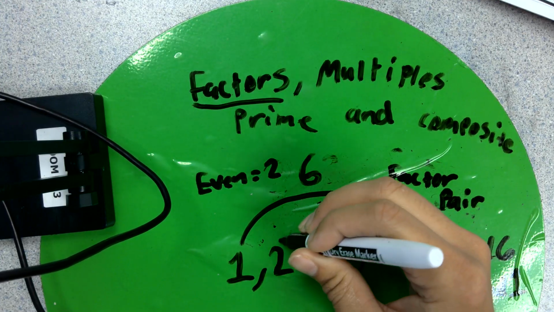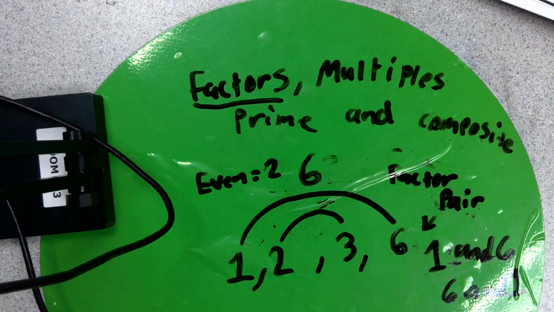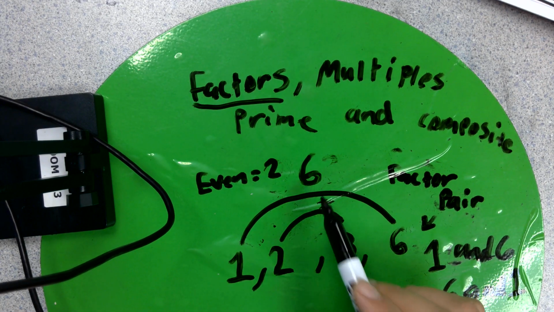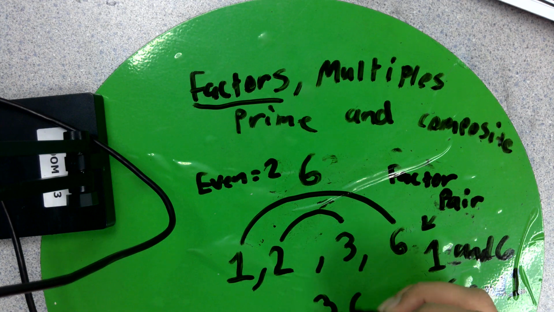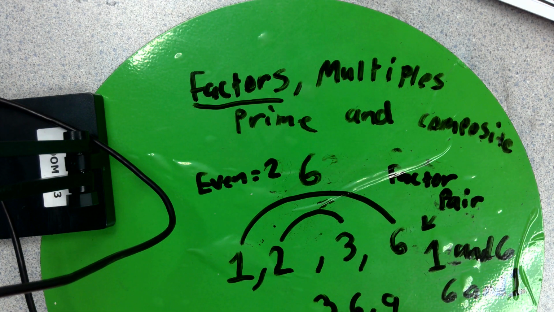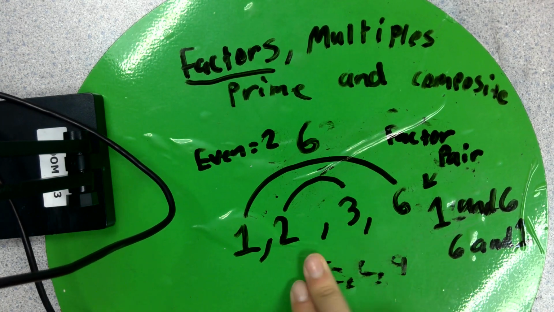If I look at my chart, I also know the factor rule of if it is a multiple of 3, so that means, for example, if you can skip count by 3, 6, 9, our 2 3's make up a 6, so 3 will also be a factor.